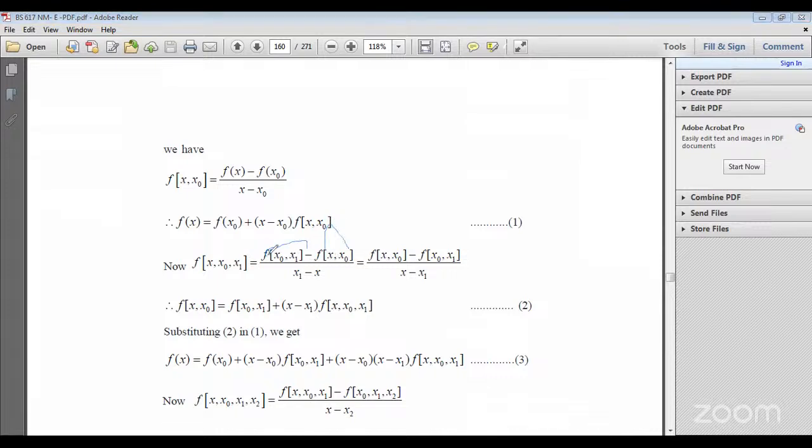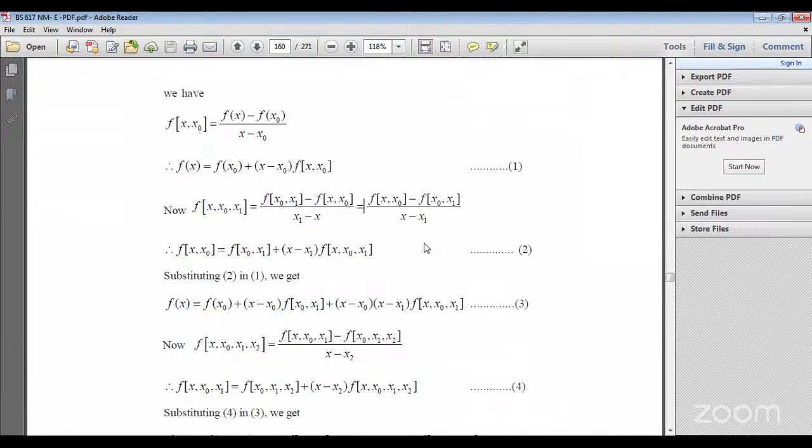First x0 x1, then x minus x0, and this is x minus x0 times x minus x1. They are writing these values here. Therefore f of x comma x0 is f of x0 comma x1 plus x minus x1 times f of x comma x0 comma x1.